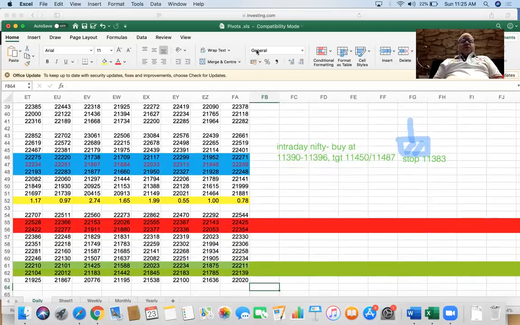Okay, now let's say intraday Bank Nifty.